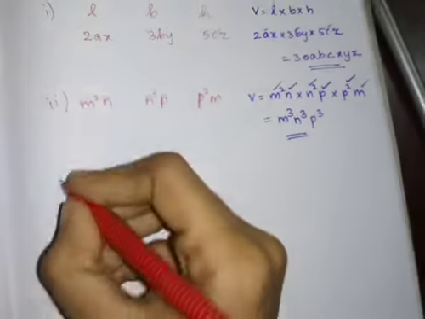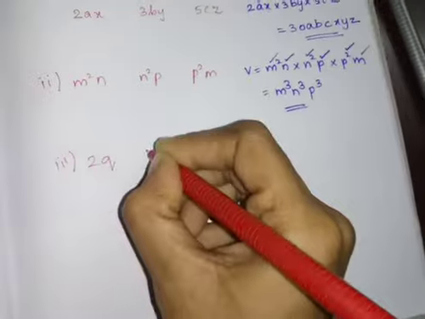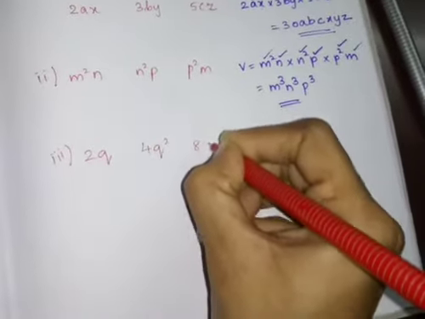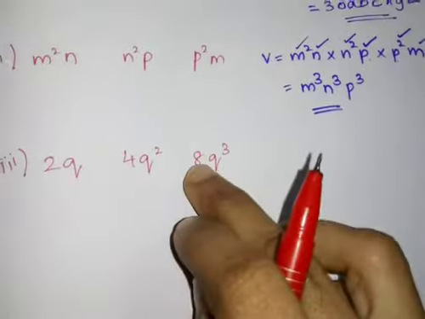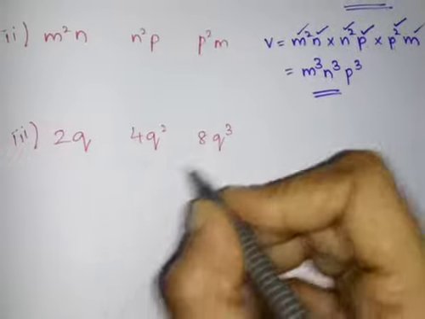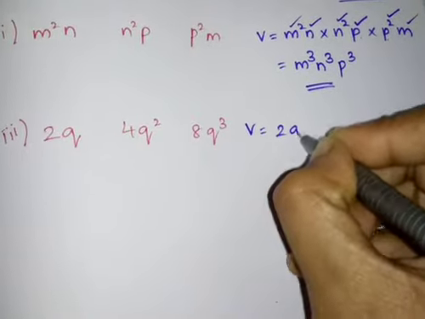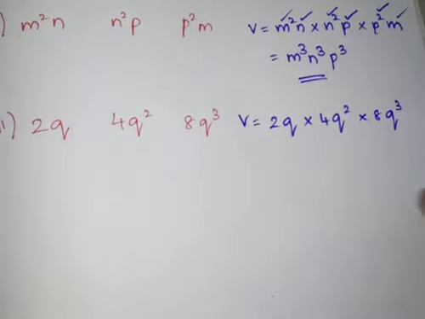Next, third problem: 2q, 4q square, 8q cube. So the volume is equal to 2q into 4q square into 8q cube.